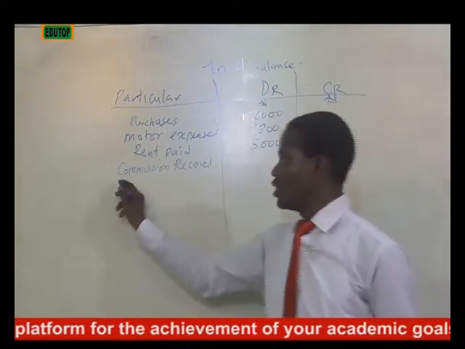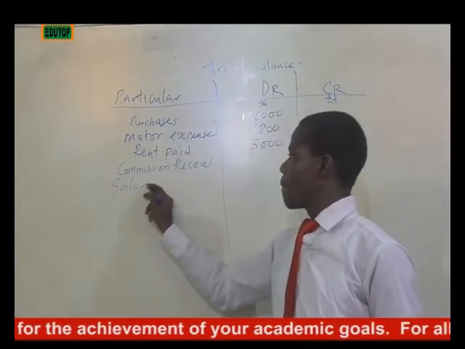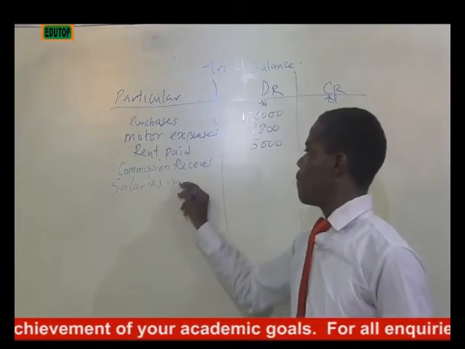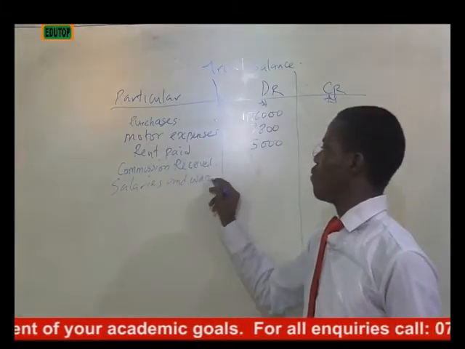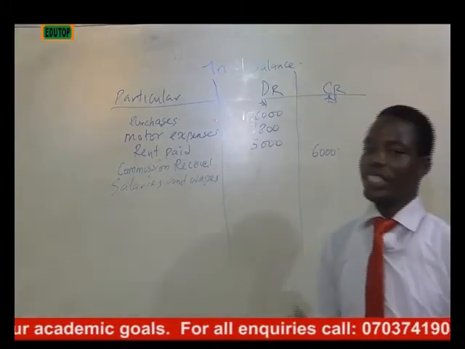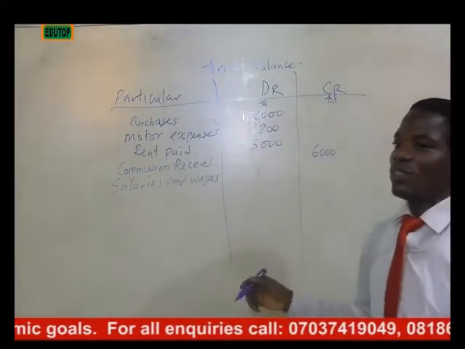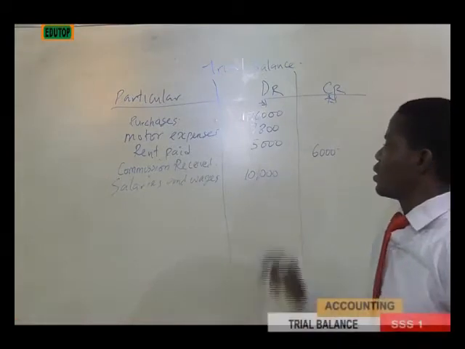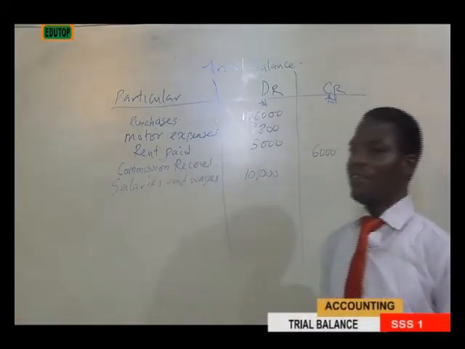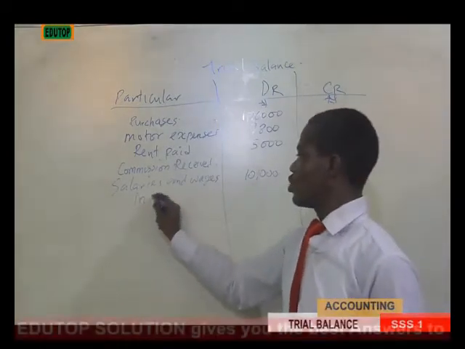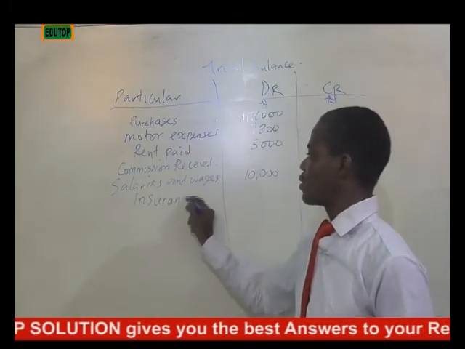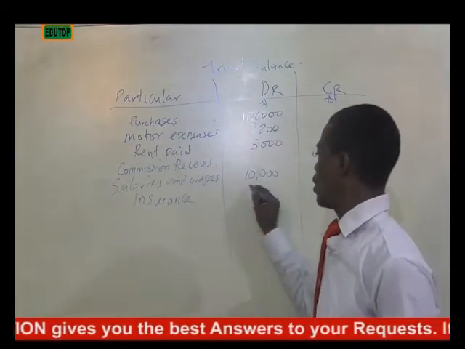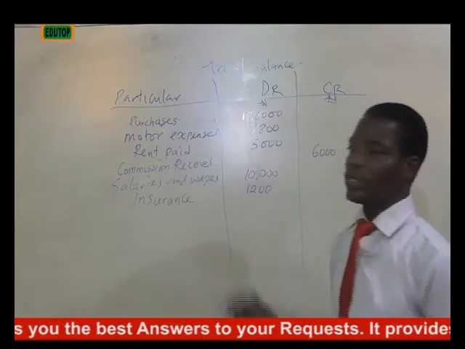Now, salaries and wages. Salaries and wages is also an expense. So that is 10,000 naira. Then we have insurance. Insurance is also an expense, and that is 1,200.